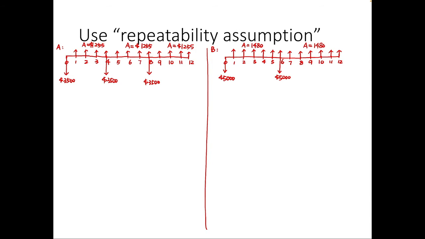Okay, so this is how you use the repeatability assumption to extend the shorter useful life to a longer study period. Okay, and then you just need to convert all the cash flow to the present worth and compare the present worth of A and present worth of B to see which one is bigger.